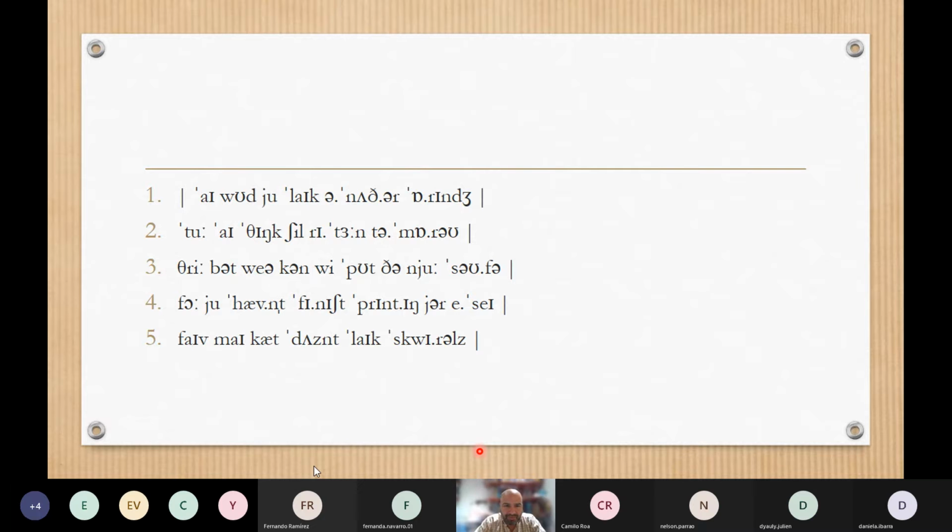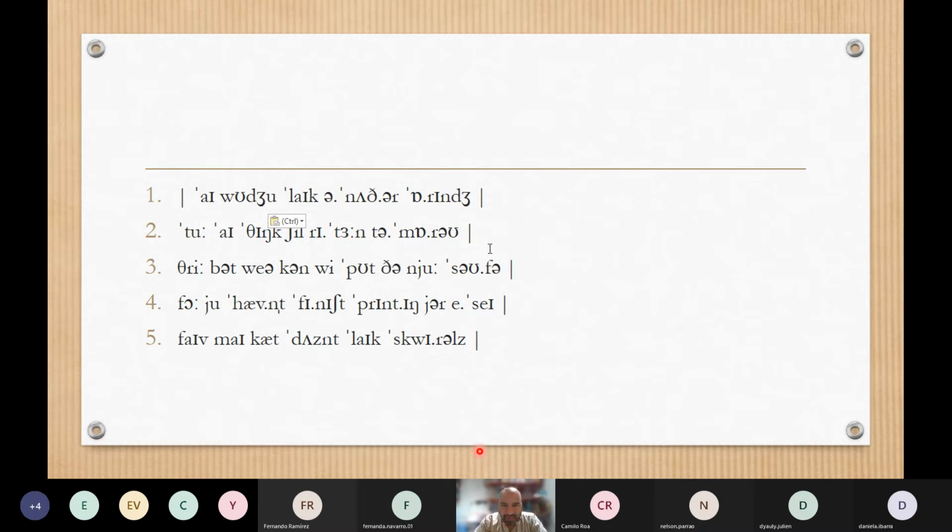So let's suppose that you have the phonetic transcription there. All right. Let's take a look at this. In the first one, instead of having "would, I," I get rid of that, and I include "would you." I don't know if you can see it now.